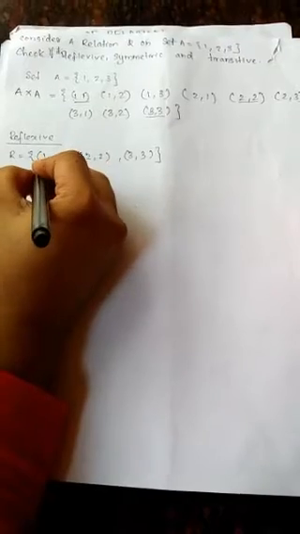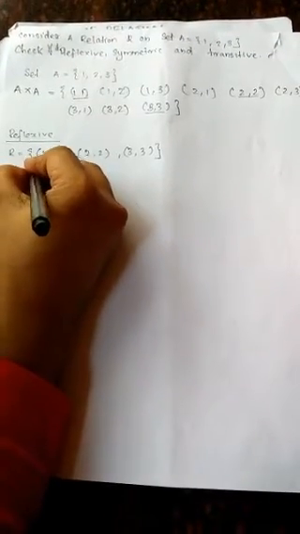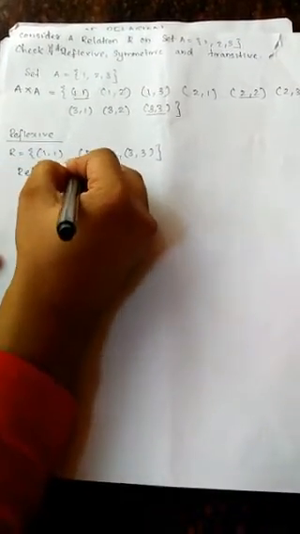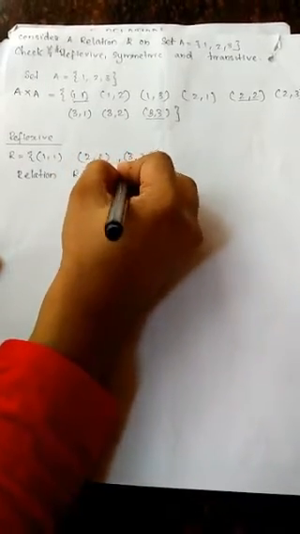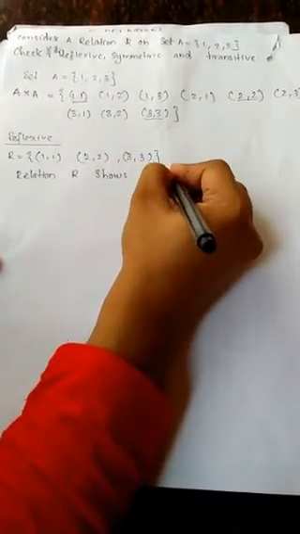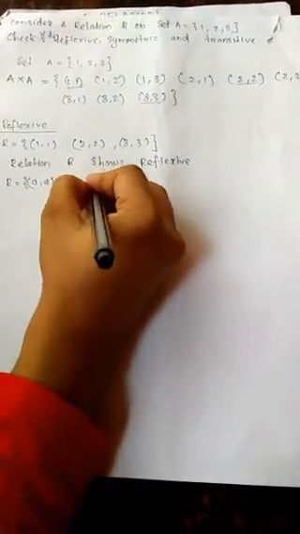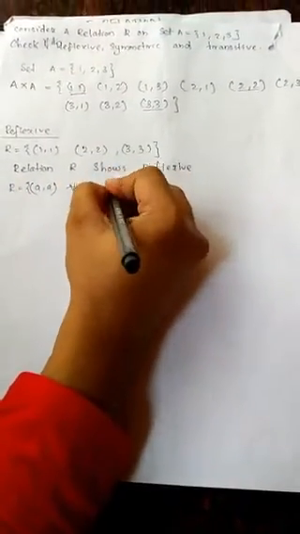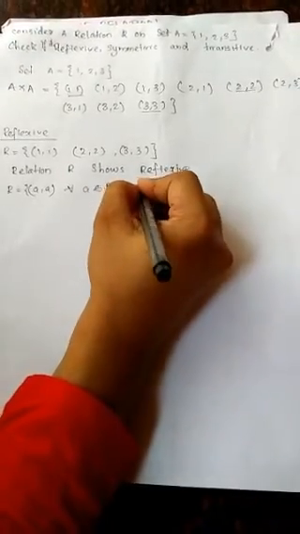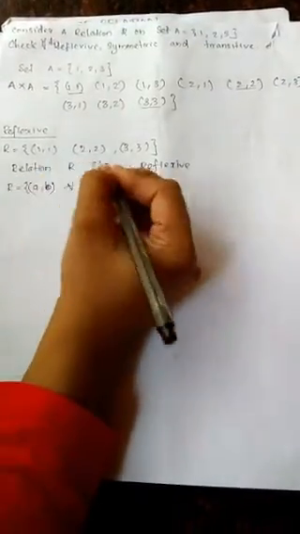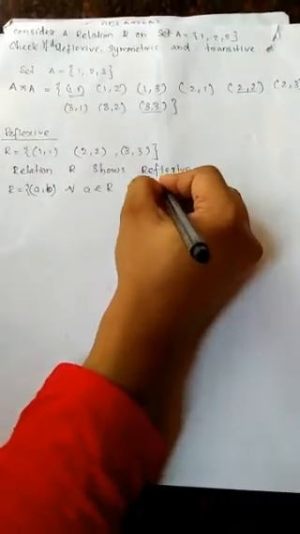So the relation shows the reflexive property, that is (a,a) belongs to R for every a, where (a,b) belongs to the relation with a equal to b. It shows a reflexive property.